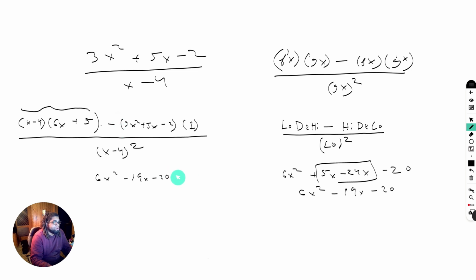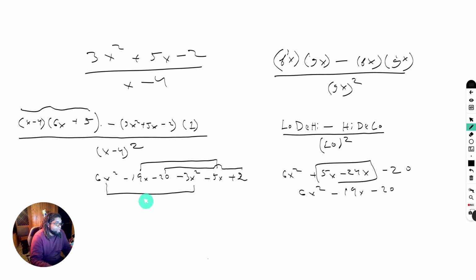So this is going to become negative 3x squared minus 5x plus 2. And then we're going to try to simplify this again and see if we have any like terms. We've got one right here, and we should have one right here. Okay, and yeah, we have them right here too. So we'll do all those.